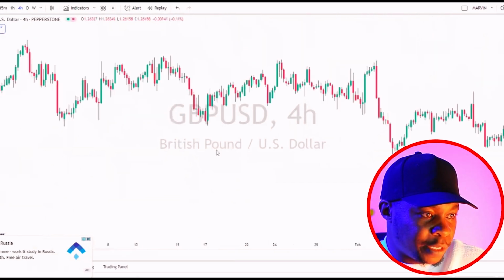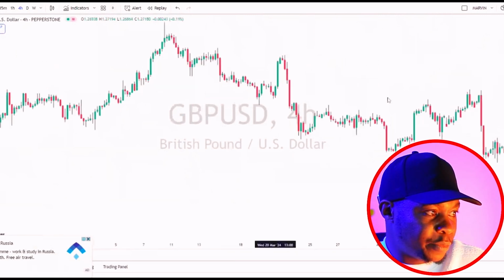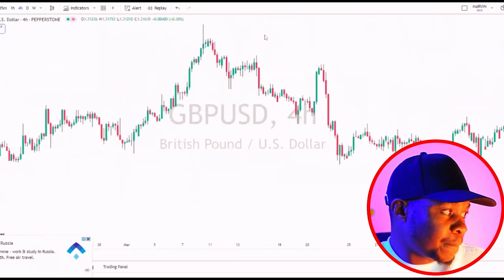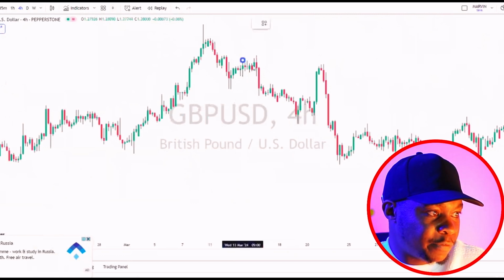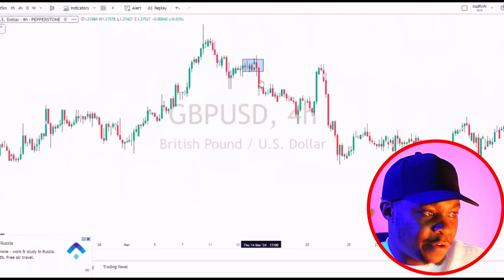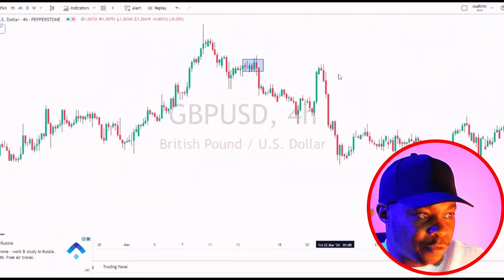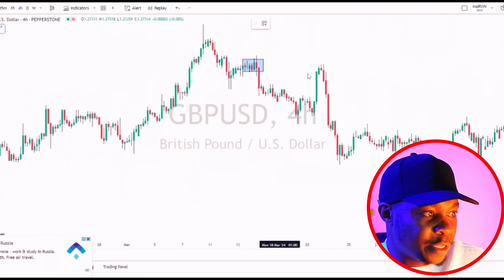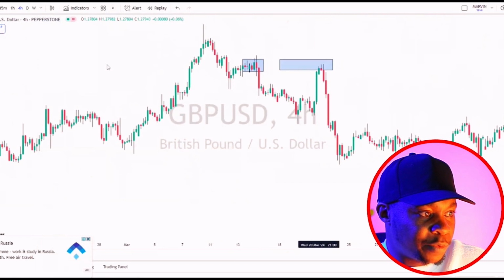So another example, let me give you multiple examples. I'm using GBPUSD. So these are distribution of orders, you see. It was confirmed by this sell. Very nice sell. This is an impulsive sell. So definitely, as a good trader, you'll wait for this market to come and give you a sell opportunity at this particular point here.